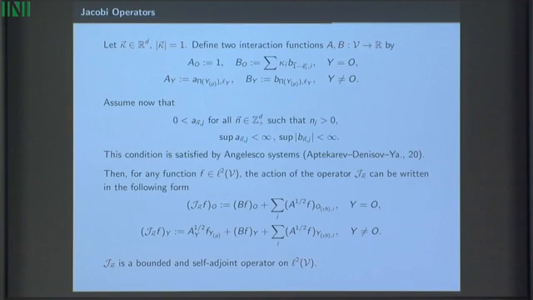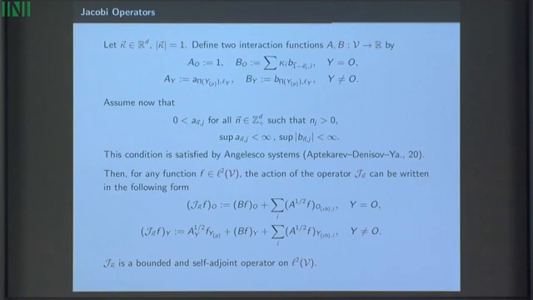Now, let's assume the coefficients a_{n,i} and b_{n,i} are such that the a_{n,i} are positive and bounded, and the b_{n,i} are simply bounded. Again, in particular, if you have an Angelesco system and you take its recurrence coefficients, these conditions will be satisfied. And you define the following operator on a tree. So you take a function f in l2 of the vertices. So at each vertex it has a value, and if you sum up the squares, it will be a finite number, and you define the following operator.